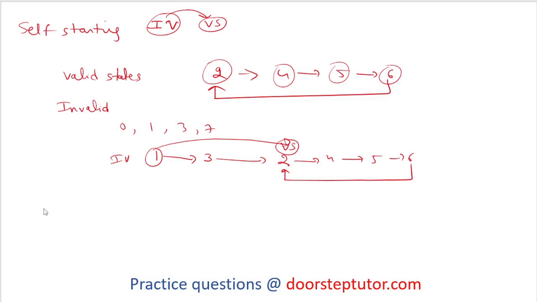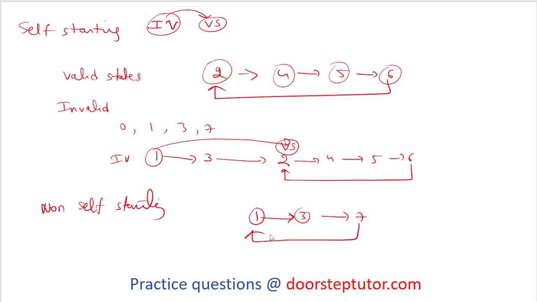What is a non-self-starting counter? In a non-self-starting counter, once it enters into an invalid state, suppose it goes into 1, then it goes into 3, then it goes into 7, and then it goes back again to 1. So this will remain in this loop only.